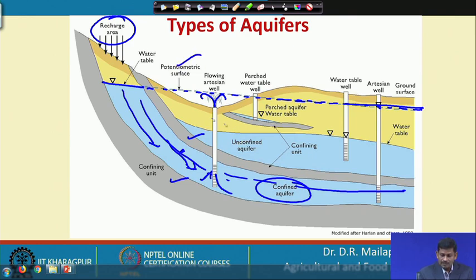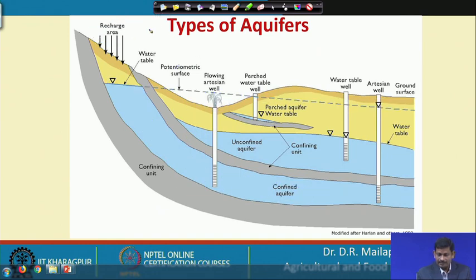Since this piezometric surface is above the top of the well, it starts flowing continuously. Here, since the top of the well is higher than the piezometric surface, the water level will stay in the well.